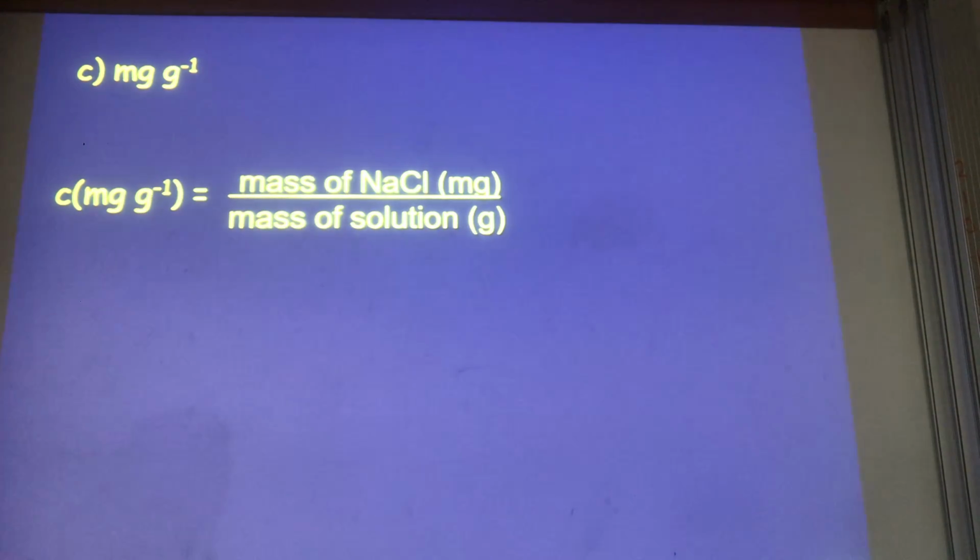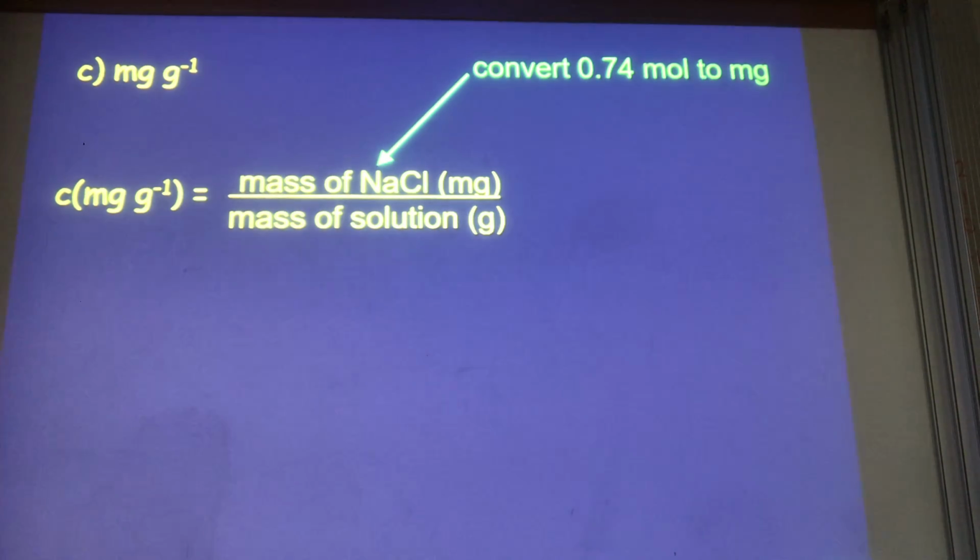Milligrams per gram. Mass of sodium chloride in milligrams divided by a mass of solution in grams. 0.74 moles to milligrams on the top line.